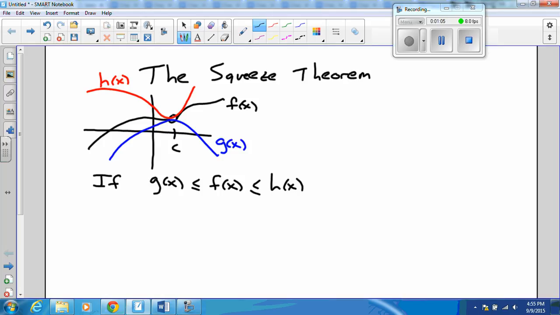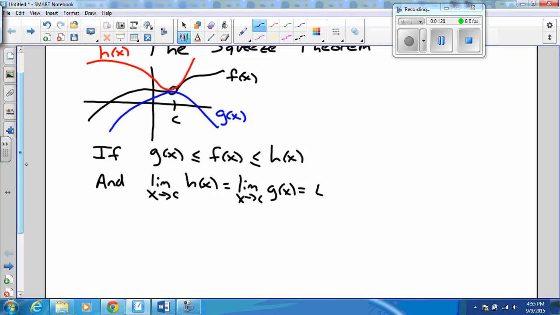Now we have a second condition on our bounding functions, and that is that we have chosen h and g such that the limit as x goes to c of h and the limit as x goes to c of g are both equal to L. If these two conditions are met, that f is trapped between the two, and that h and g both go to L at c, then we are guaranteed that the limit as x goes to c of f must be L also.